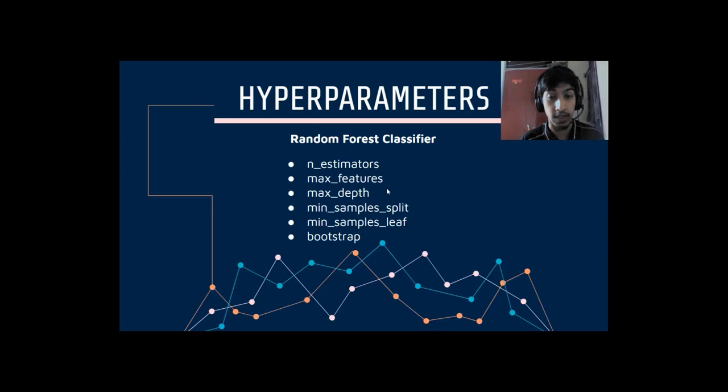This is therefore an important parameter to prevent overfitting in a model. If a leaf node only describes, for example, a single data point in the whole dataset, then that is too specific and may be a result of overfitting. Lastly, bootstrap is a fancy parameter name that basically tells whether the data points should be sampled with or without replacement. Setting it to true means with replacement, and setting it to false means without replacement.